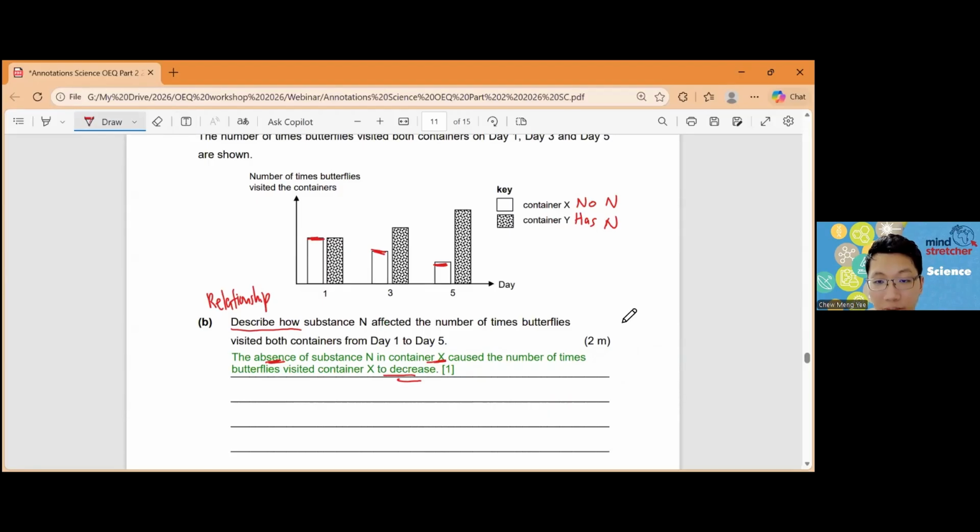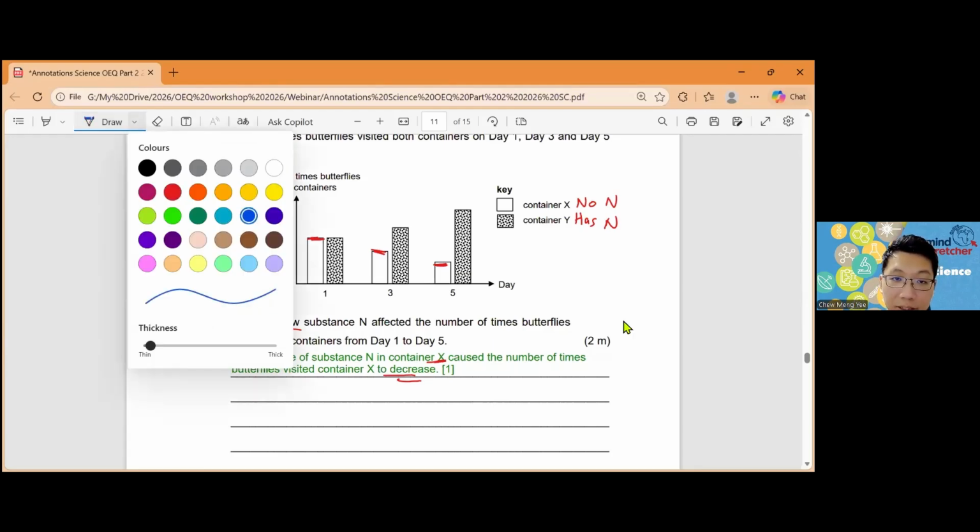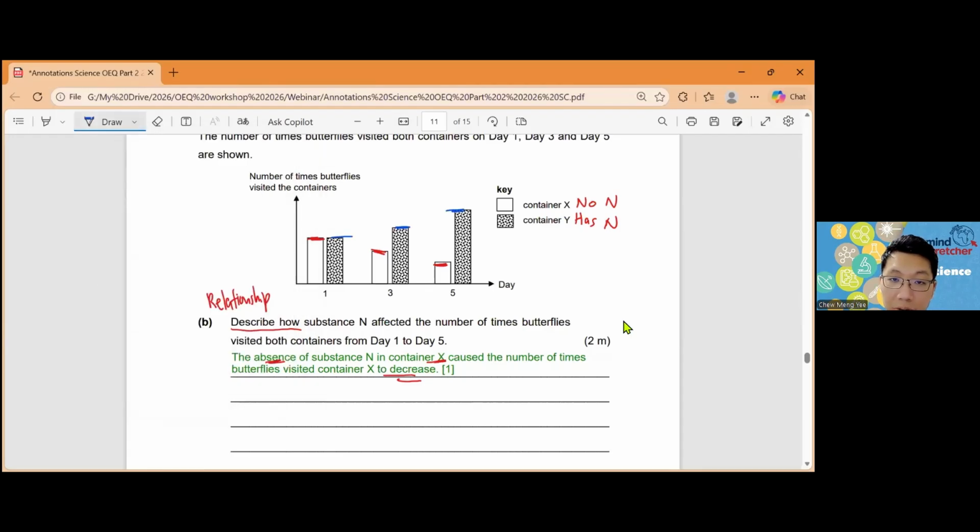This is the trend. It has decreased. But for container Y, it has substance N. And you can see how it changed. If it has substance N, it has increased. It went up. So instead of the absence, you can write the presence.